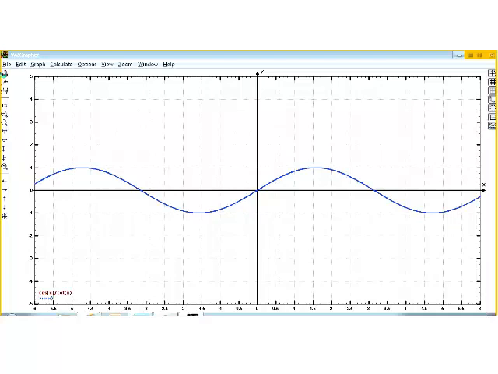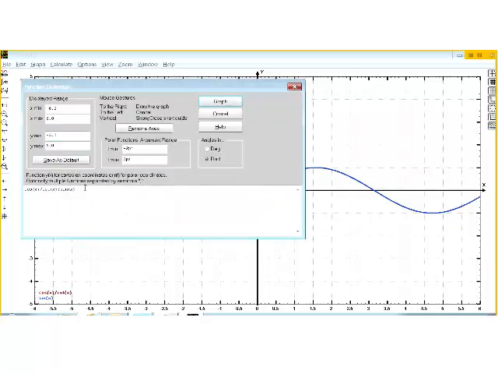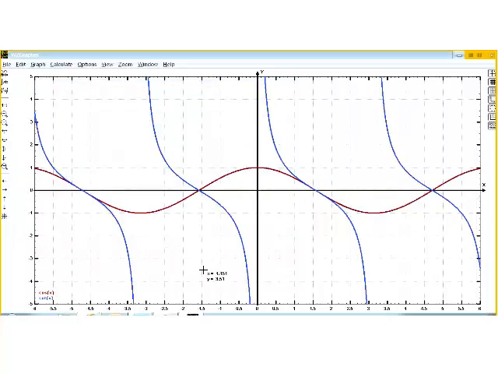So anyway, let me go back here again. So you can see the answer is 1, which is what we got. But if you plot the cosine of x and the cotangent of x separately, it looks like that.